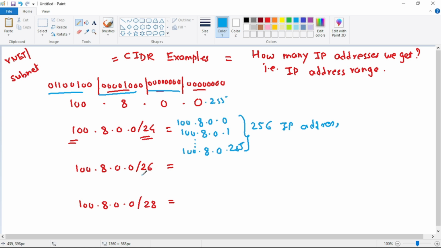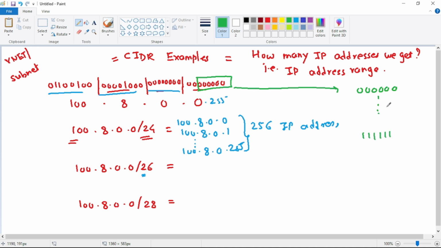Now this is /26. It means the first 26 bits should be ignored, so the only part we get is these remaining 6 bits. These 6 bits at max can represent from 0 0 0 0 0 0 to 1 1 1 1 1 1, that means 6 ones.